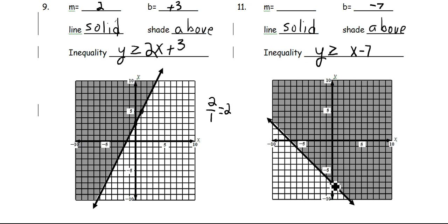We can tell from our slope it's going down, so it's going to have to be negative. So it goes down 1 over 1, which comes out to -1. Now we could write -1 right here, but all we have to do is write the negative sign. The 1 is understood.